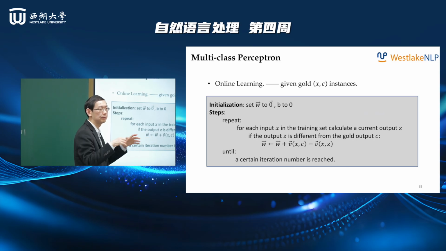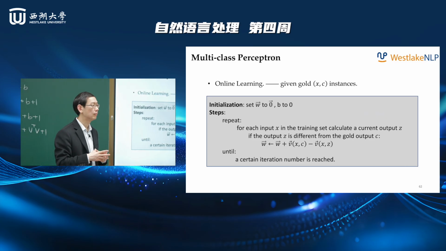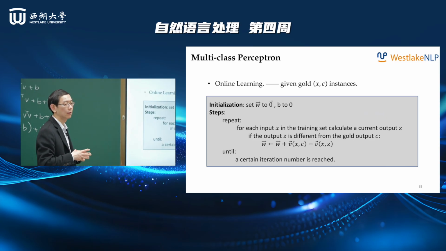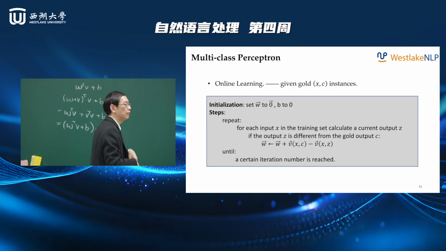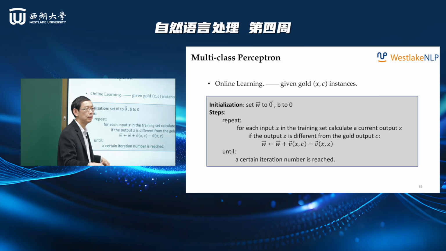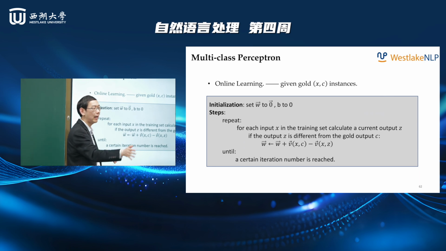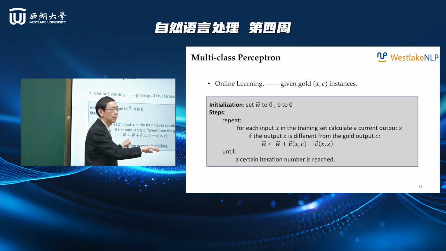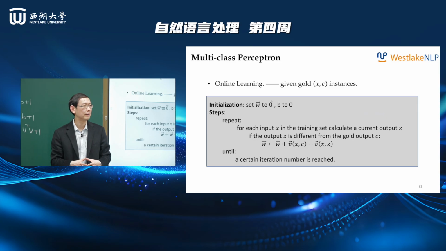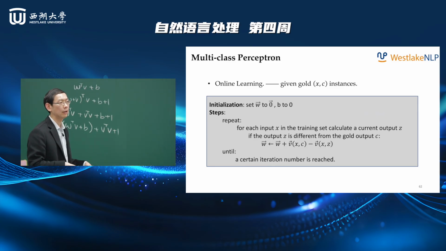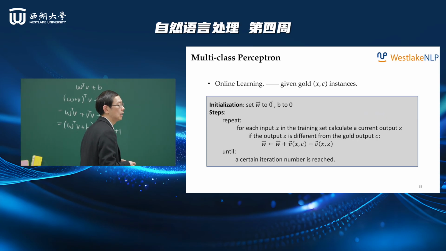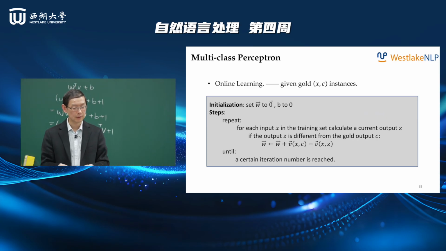They're the same dimension. And I subtract the representation of my Zi, V(D, Zi), from my omega. And that's it. If I'm correct, I move on to the next person. If I'm incorrect, I add the gold vector representation to my omega, and I subtract the model output representation from my omega. So that's the perceptron. And after I go through my training instances several times, I stop, and the model is there.